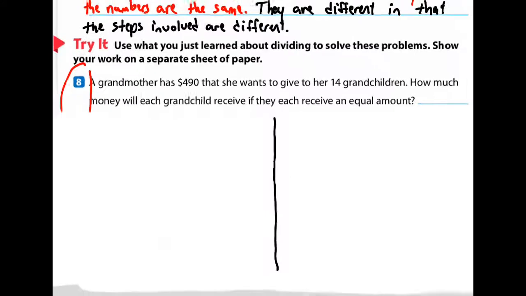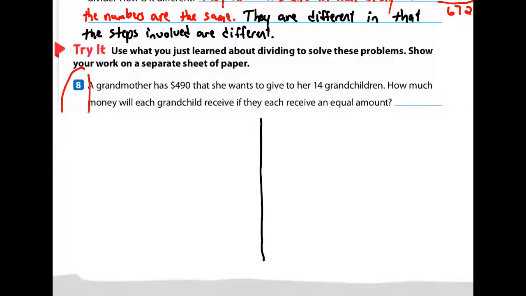So a grandmother has $490 that she wants to give to her 14 grandchildren. How much money will each grandchild receive if they receive an equal amount? So what grandma's doing is she's taking the $490 and she's splitting it into 14 equal chunks. That's how you know it's division. So in the traditional way, we'll start here. Now remember, if you did partial quotients, I want you doing this method with me now.